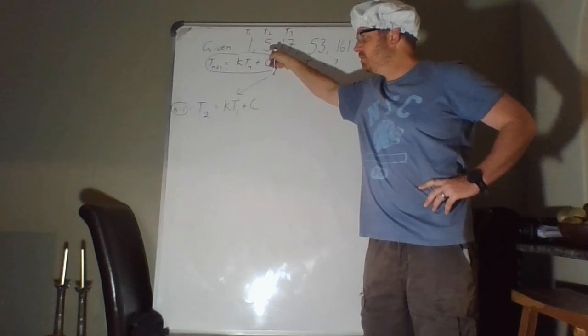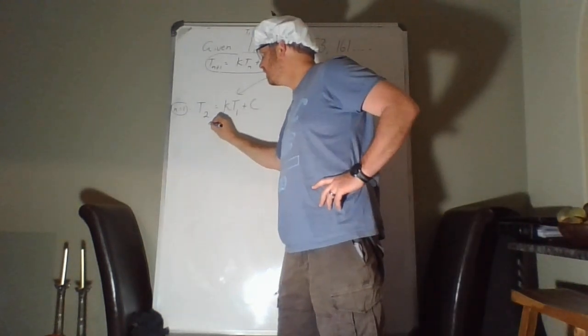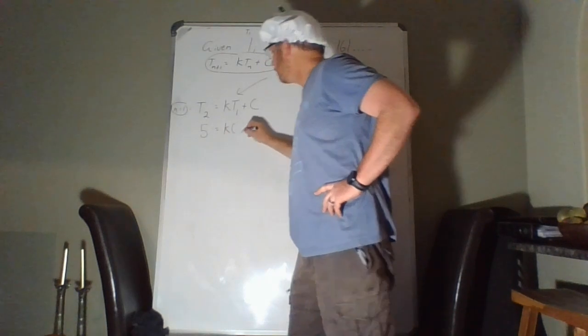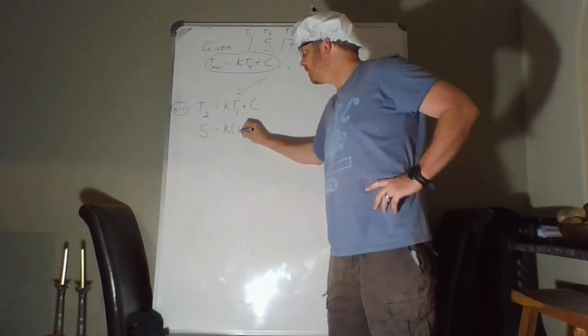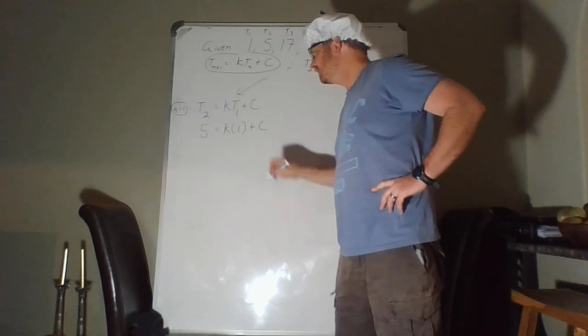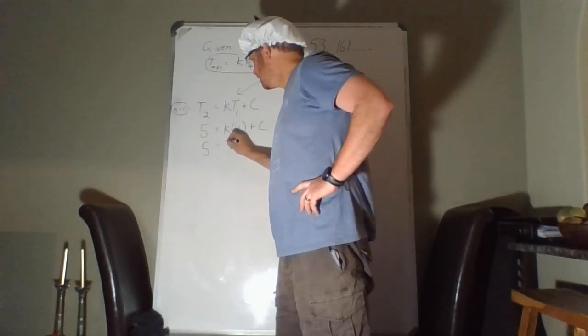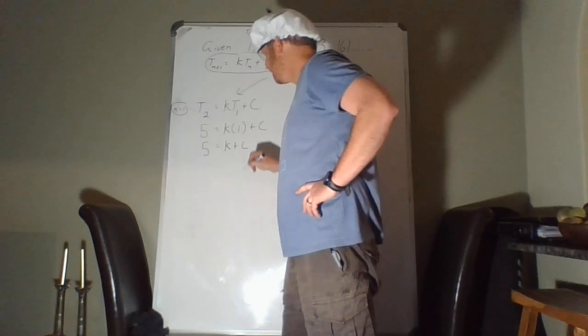But what is the value of term 2? Term 2 is equal to 5. And term 1 is 1. So I get 5 is equal to k plus c.